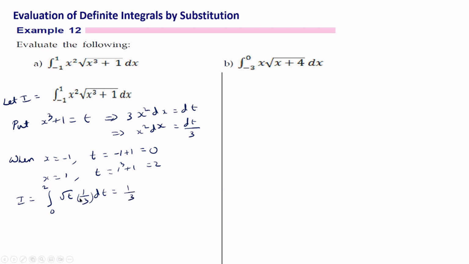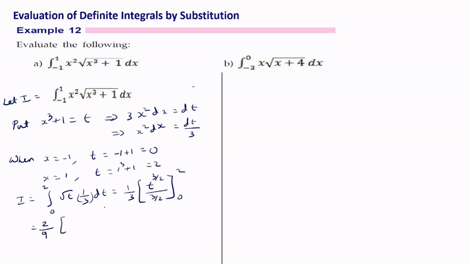Integral of root t dt is t raised to half plus 1 by half plus 1. So it is t raised to 3 by 2 by 3 by 2 with the limits 0 to 2. So here it is 1 by 3 by 2, which is 2 by 3, so this is 2 by 3 into 3, 9.